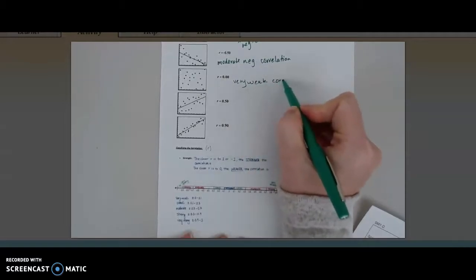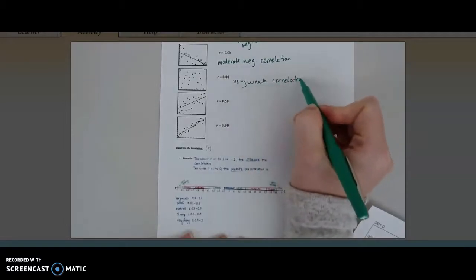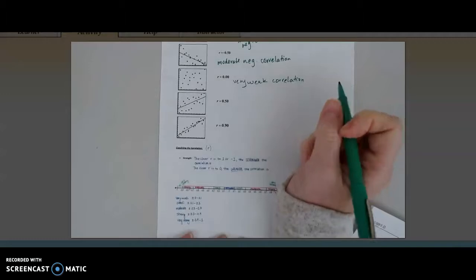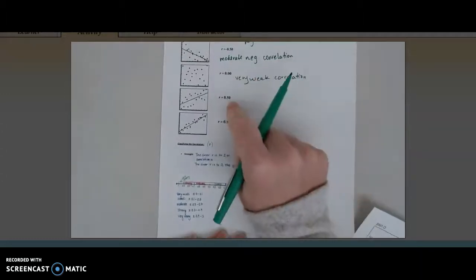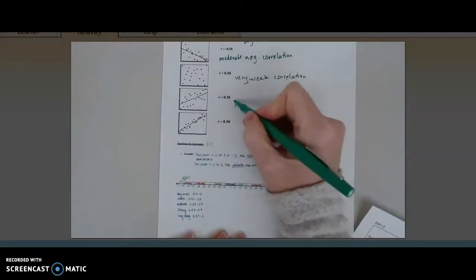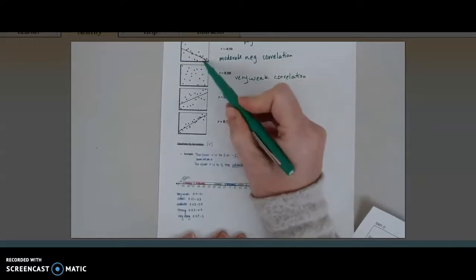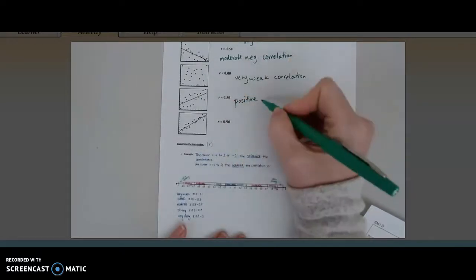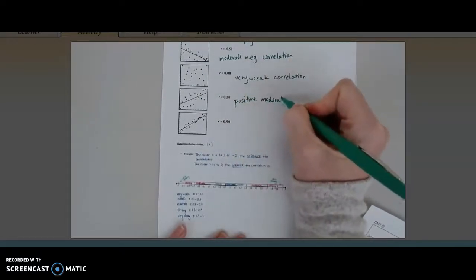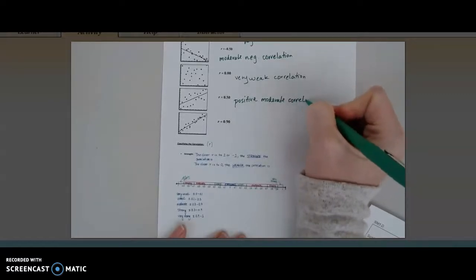You'll notice there's not even a line drawn in the middle because our data is all over the place. An r value of positive 0.5 kind of looks like the negative, and so this is a positive moderate correlation.